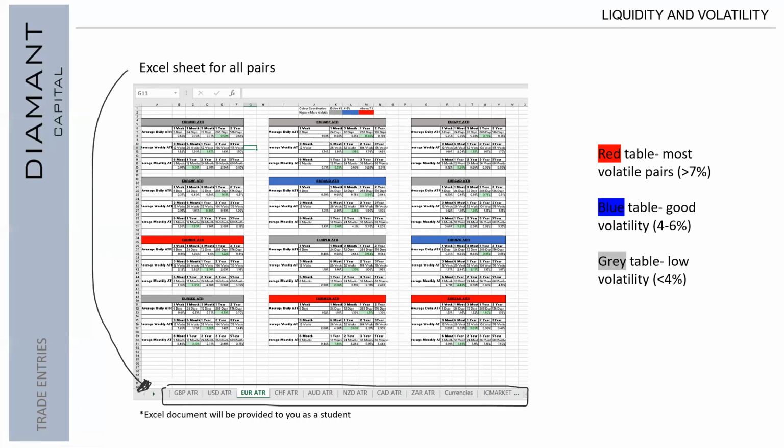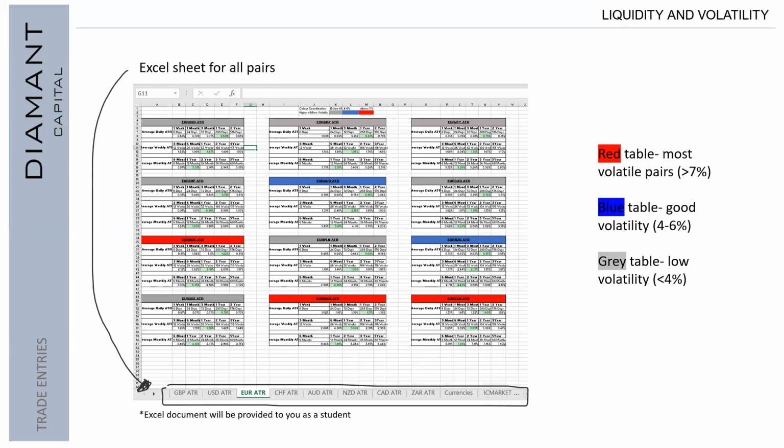Weekly is quite a good piece of data for that, not prediction, but a good piece of data. As you can see, Euro USD has a gray table, so low volatility. Euro GBP as well. Pairs like Euro AUD, Euro NOK, Euro ZAR, Euro NZD.